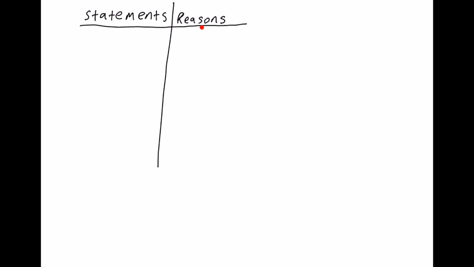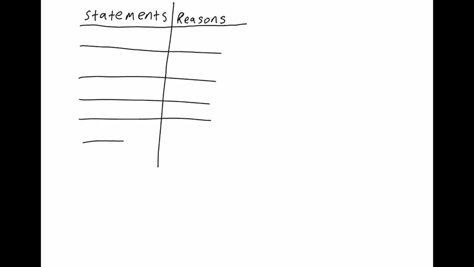You can't say something without backing it up. So in a two-column proof, you're going to have lines going across, and each line will be a statement and then the reason why that thing is true. And then another statement and then another reason why that thing is true. And so on and so forth.